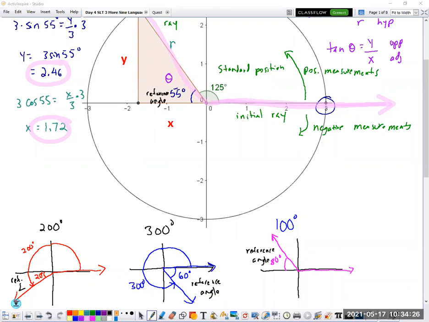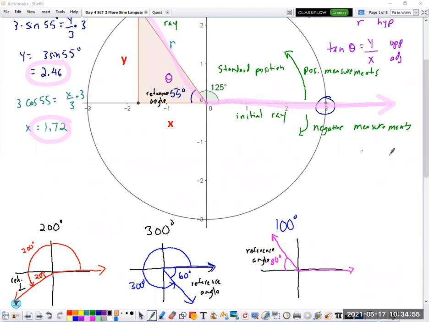The reference angle, and this is written on the next page, don't worry, is the angle between the terminal ray and the x-axis. The x-axis, not the y-axis. No one cares that this is 10. We want the angle between the terminal ray and the x-axis.